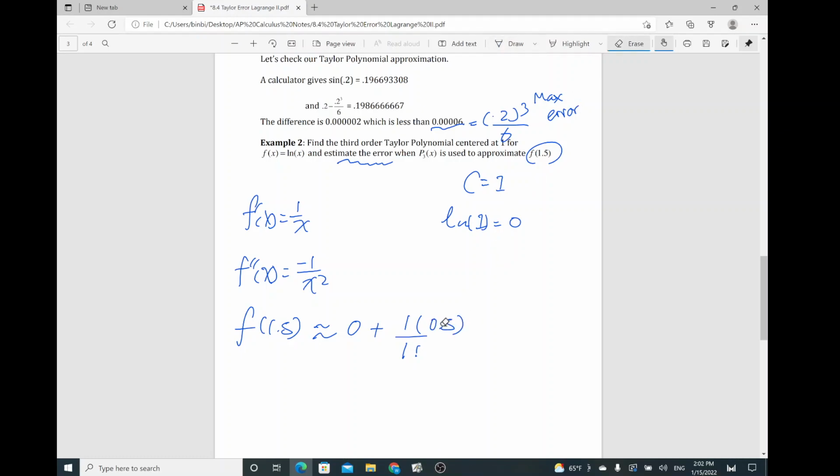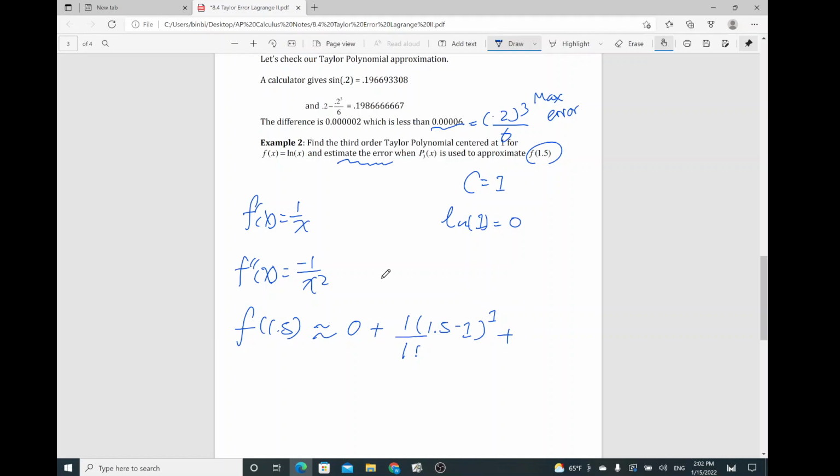Let's just show the work: x minus 1, so 1.5 minus 1, to the first power. This one is the third order polynomial, so this is the first term, and the next one is the second term. So we need the third term of the polynomial.